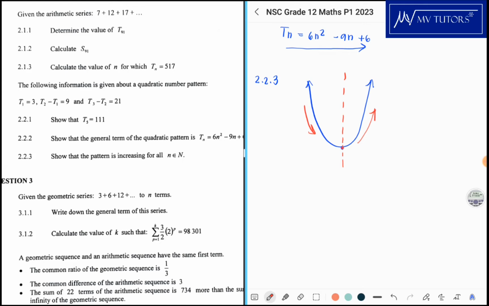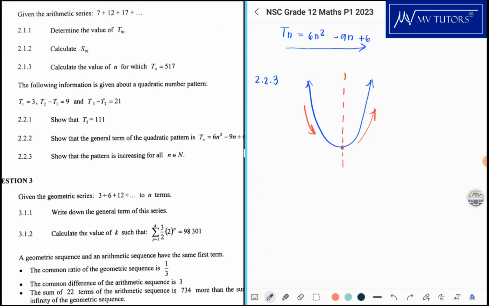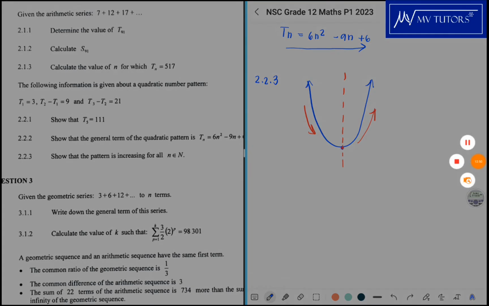There is no increase, there is no decrease, it's just stationary. So our answer lies after the turning point all the way to positive infinity. So it would be in our best interest to calculate the turning point, to get the coordinates for the turning point.